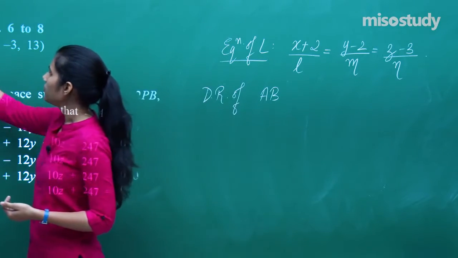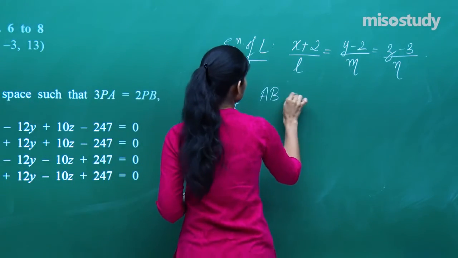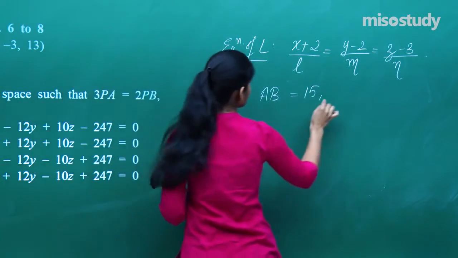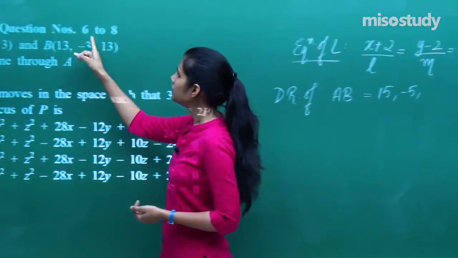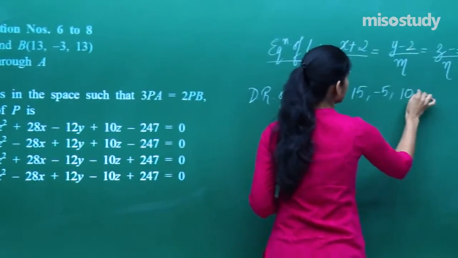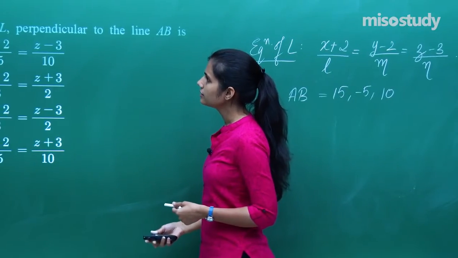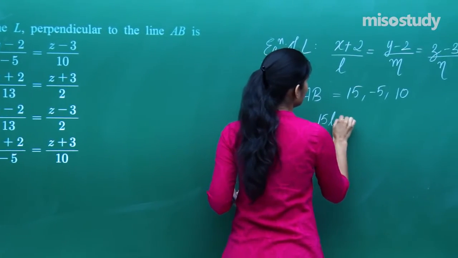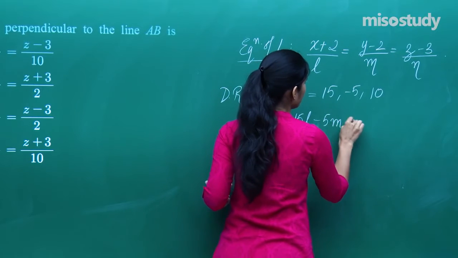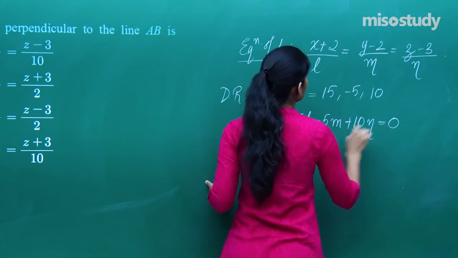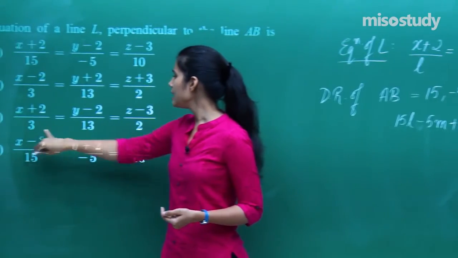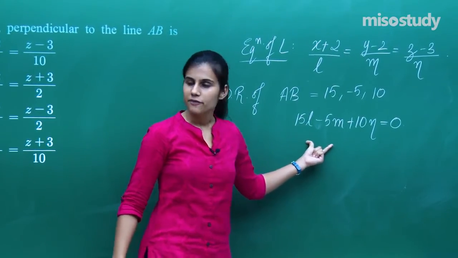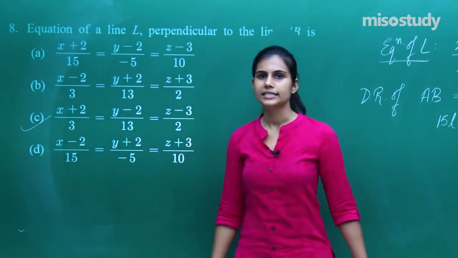It is what? 13 minus 2... so 13 plus 2 is 15. Then you have minus 3 minus 2, which is minus 5. And then you have 13 minus 3, which is 10. Because it is given in the very question that the line is perpendicular to the line AB, you basically get 15l minus 5m plus 10n equals 0. So for l equals 3, m equals 13, n equals 2, you are basically getting this is being satisfied, and therefore your correct option is option number C.